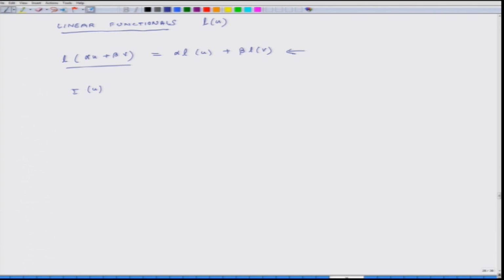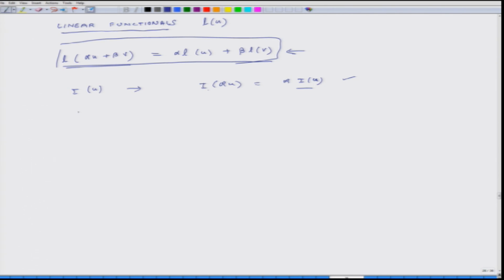Then the first rule which this functional has to obey is that if I multiply u by a factor alpha, then its value will be the same as alpha times I(u). This is the first thing. So, this statement is a combination of two different statements. If I have a functional which depends on u, then instead of u I use alpha u as the input, then the value of this functional will be alpha times I(u).